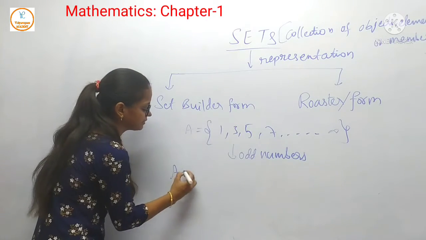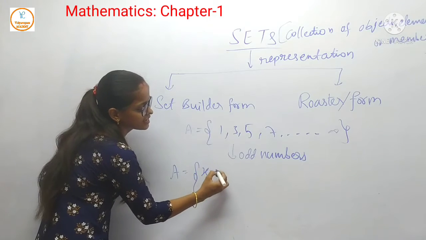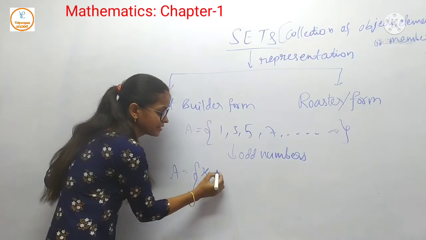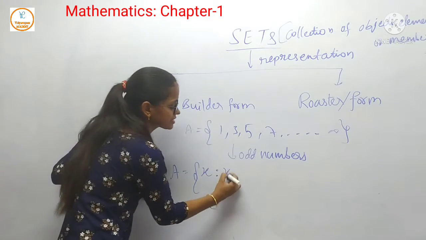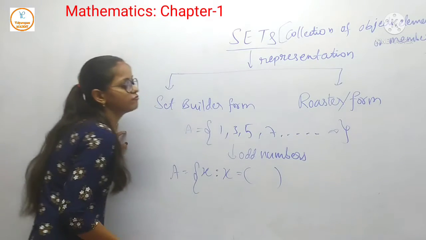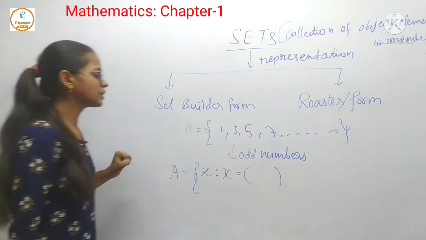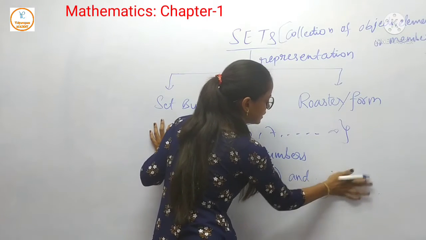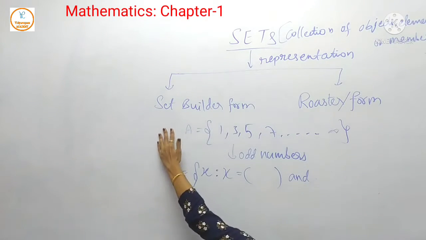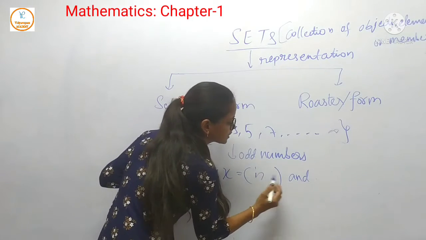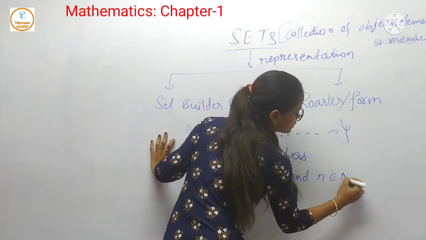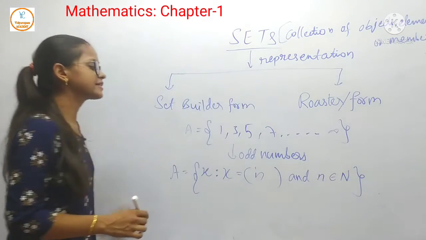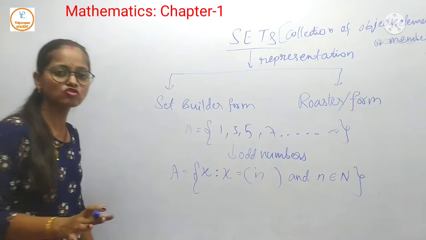It is capital A, and the condition is we have to write x such that x equals the formula for this odd number. We write the formula in terms of n, and n belongs to capital N, that is, n belongs to the natural numbers.